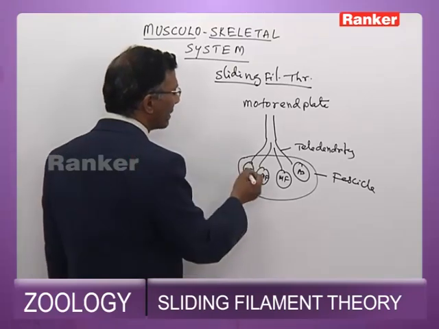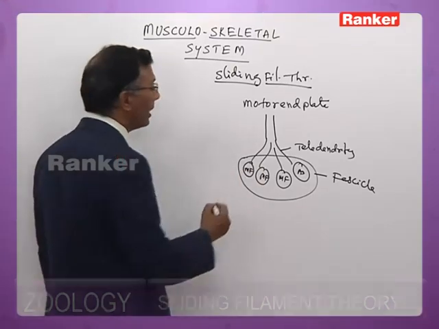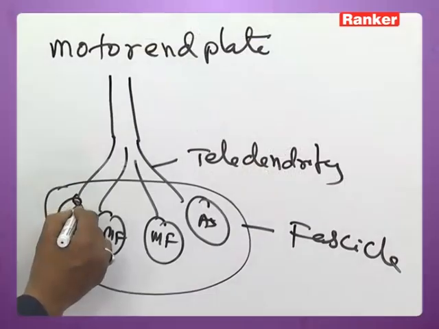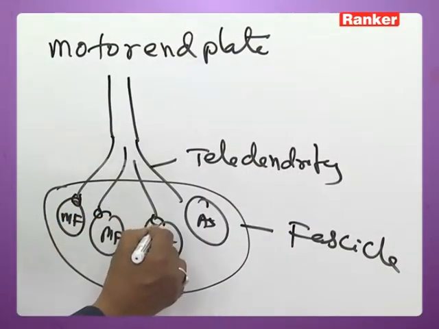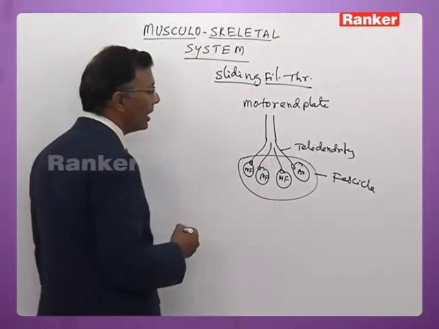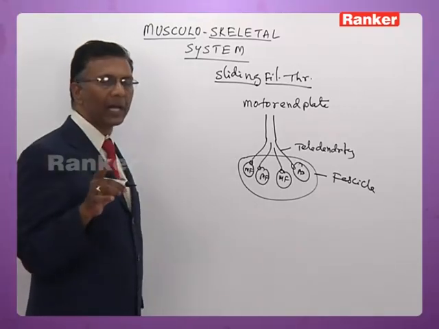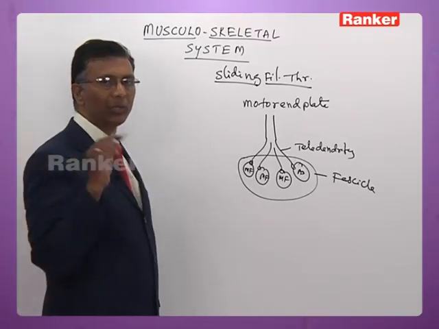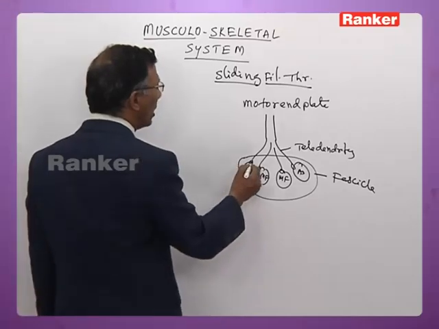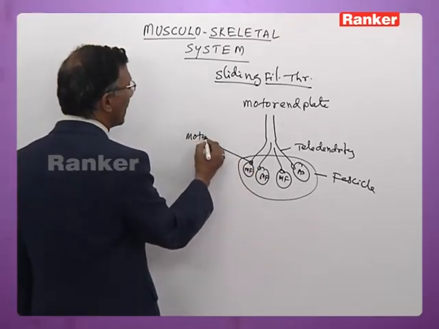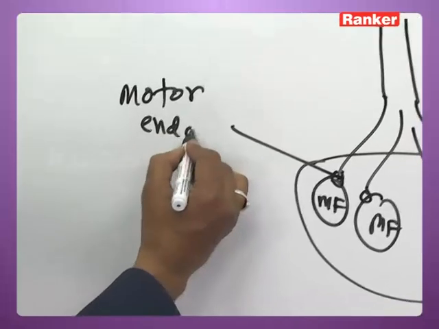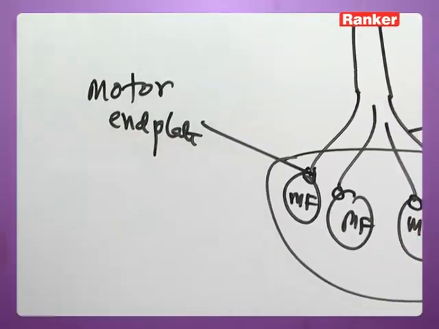It comes in contact with the sarcolemma of the muscle fiber. At the point of contact, it has a swollen structure. These are the terminal buttons. So the terminal button of a telodendrite that forms a synapse with the sarcolemma is called the motor end plate. I shall repeat once again.